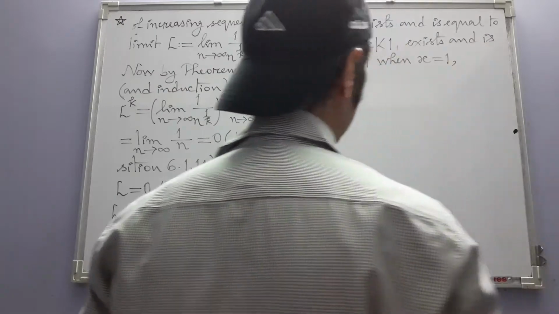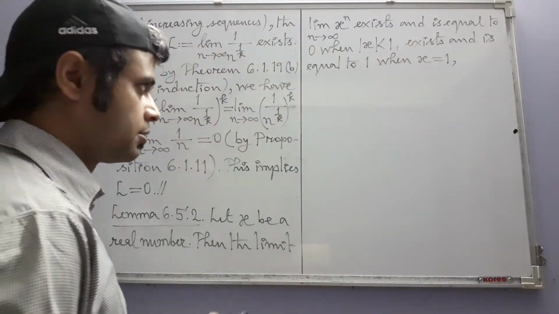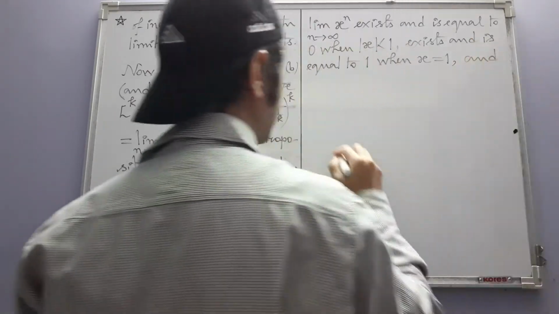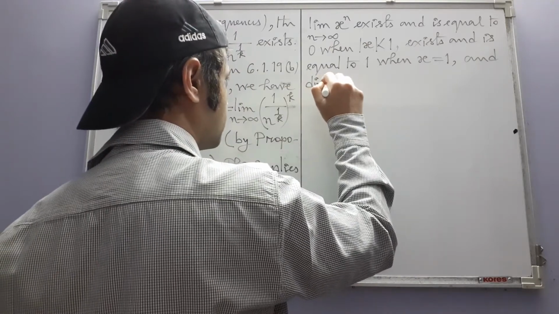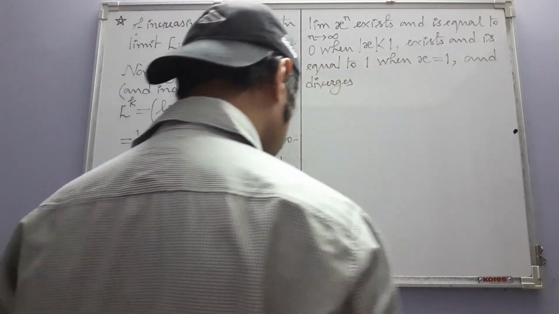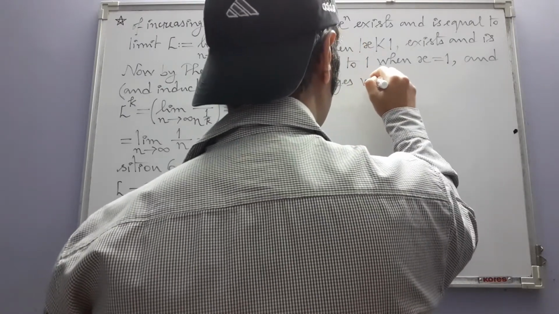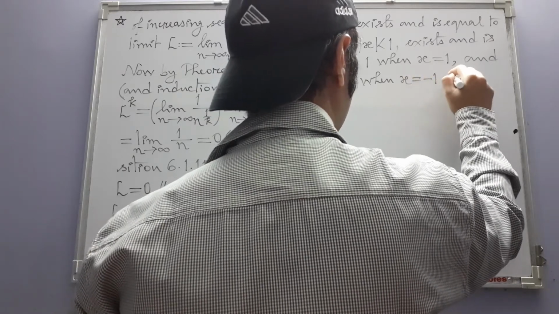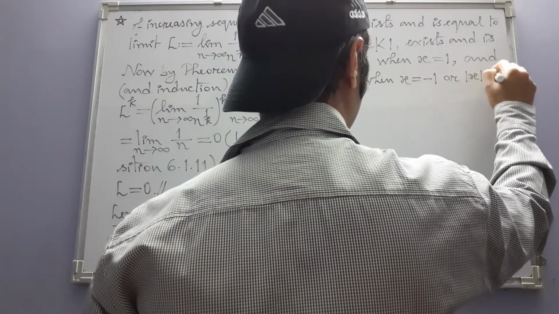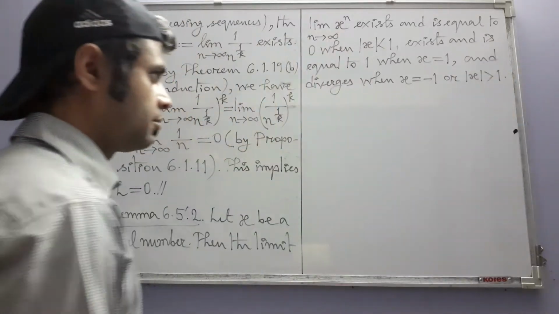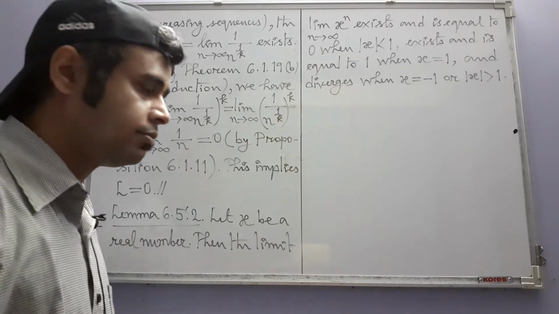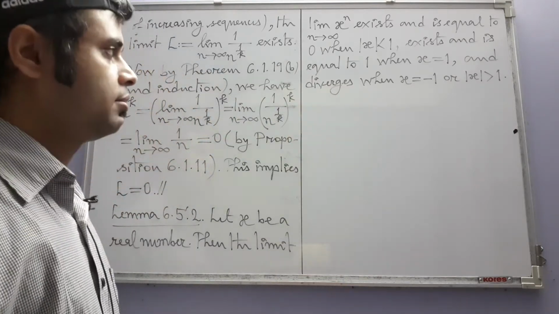So these are the two situations where the limit exists. Now the limit does not exist and diverges when x is minus 1 or the absolute value of x is greater than 1. In this statement, the word diverges seems a little strange.